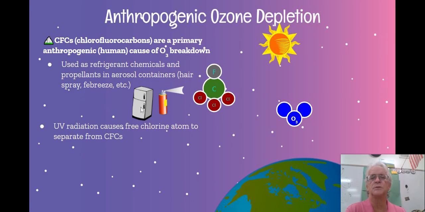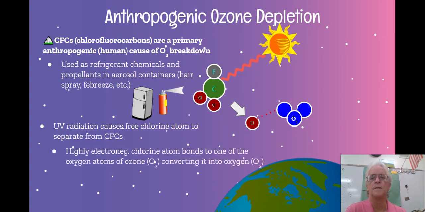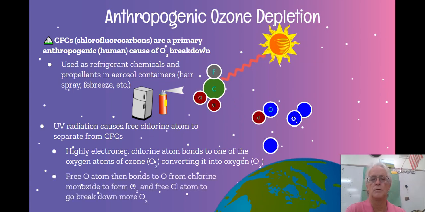UV radiation causes the free chlorines to separate from the CFC. So UV radiation hits the CFCs, and chlorine breaks off. The highly electronegative chlorine atom binds to one of the oxygens of the ozone, converting it to O2. The free oxygen atom then binds with the oxygen from the chlorine monoxide to form O2, and a free chlorine atom to break down more.